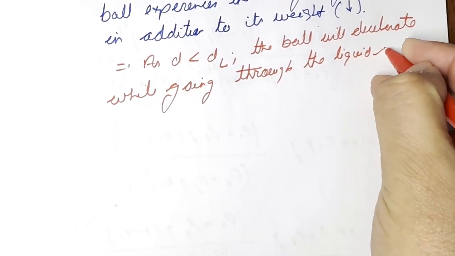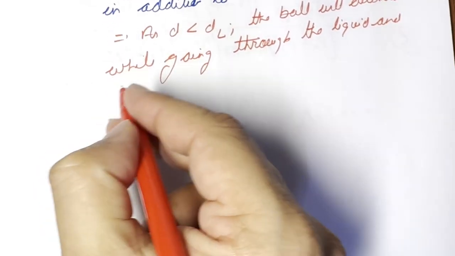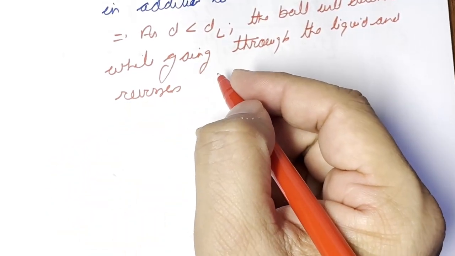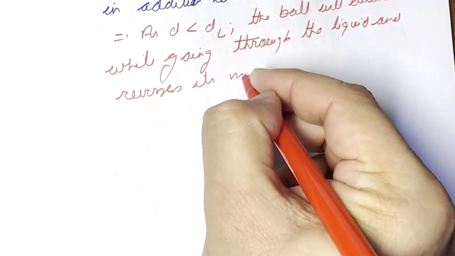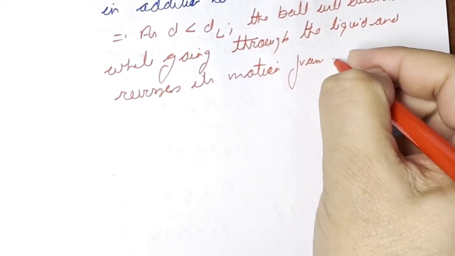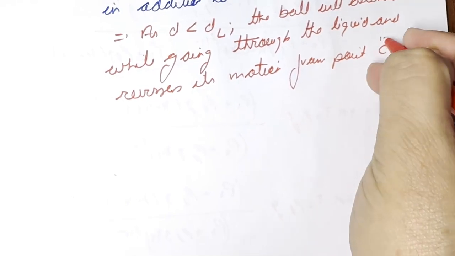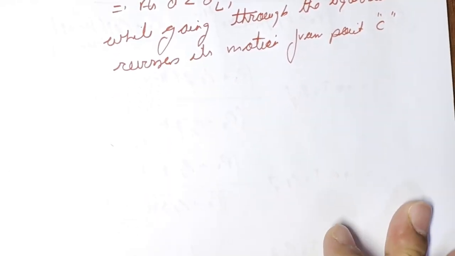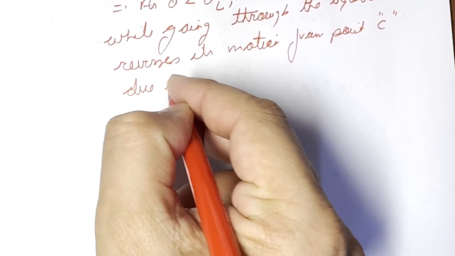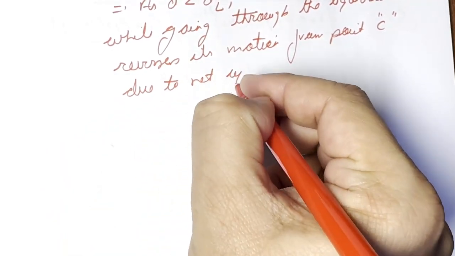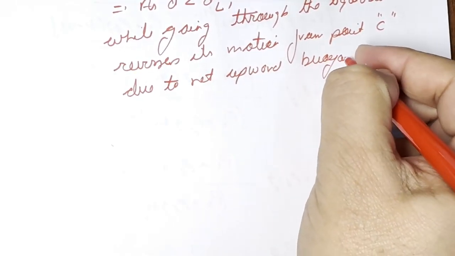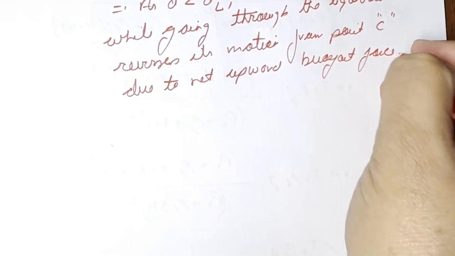It decelerates while going through the liquid, and reverses its motion from point C due to net upward buoyant force.